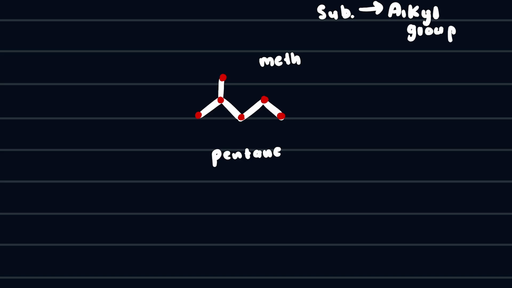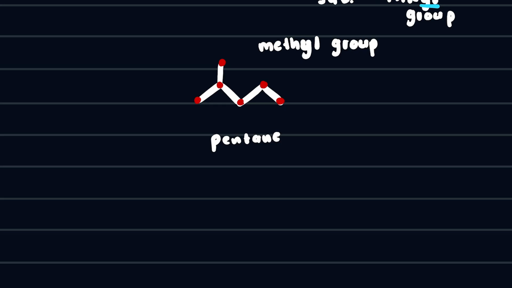So as a result, substituents are given the yl ending. This is an English class, but it is given that ending. So it'll be a methyl group that we added to the parent chain right there.